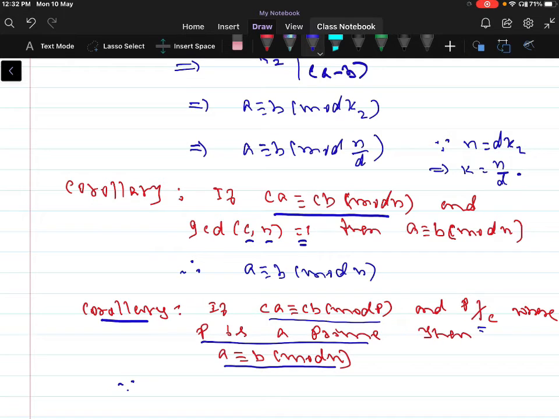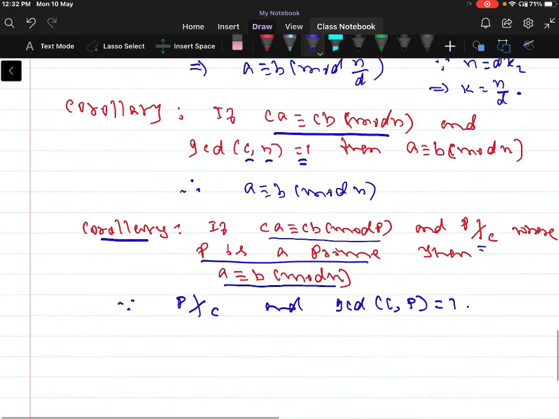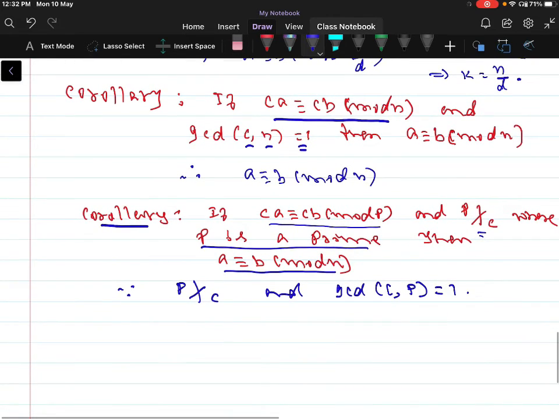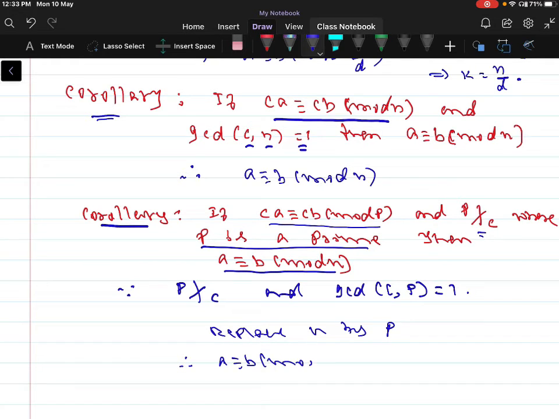Since P does not divide C, GCD of C comma P is 1, so therefore C and P are relatively coprime. By referring to the previous corollary, just replace N by P. So therefore A is congruent to B modulo P.